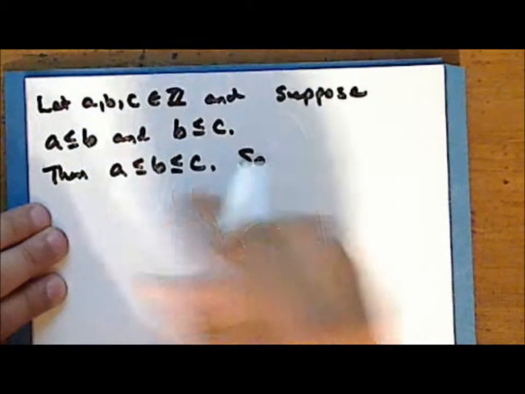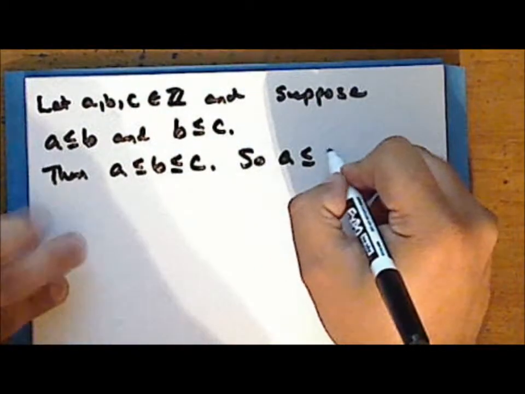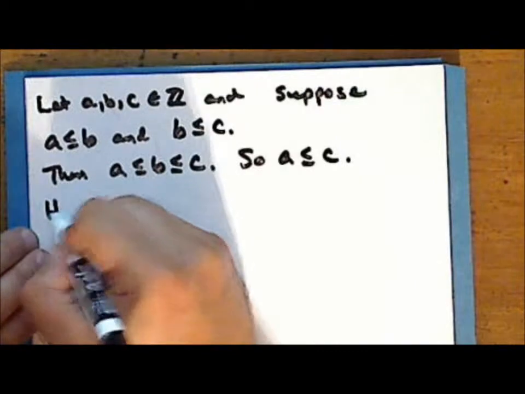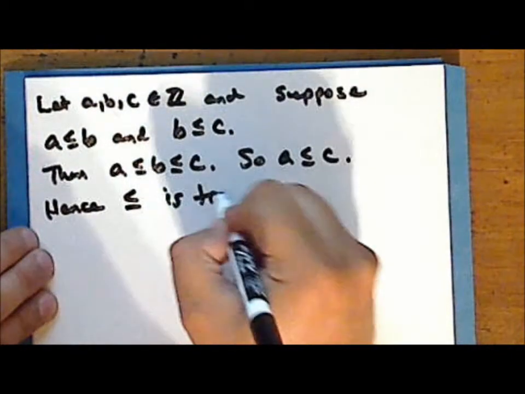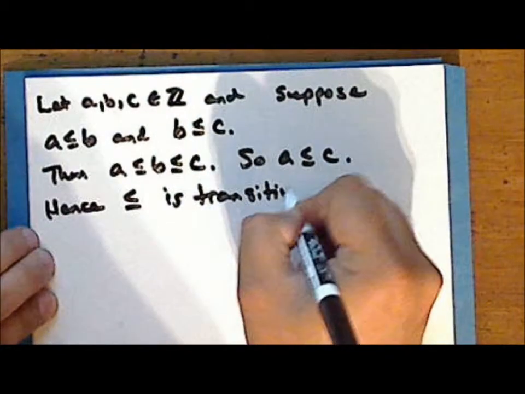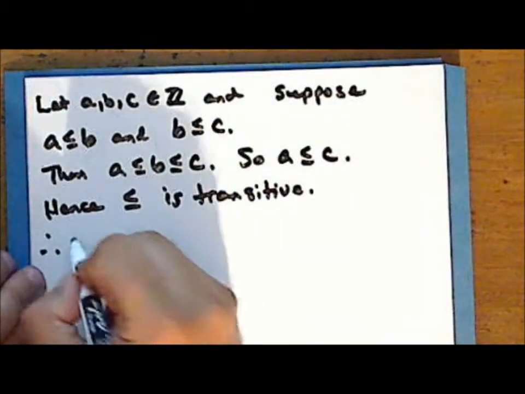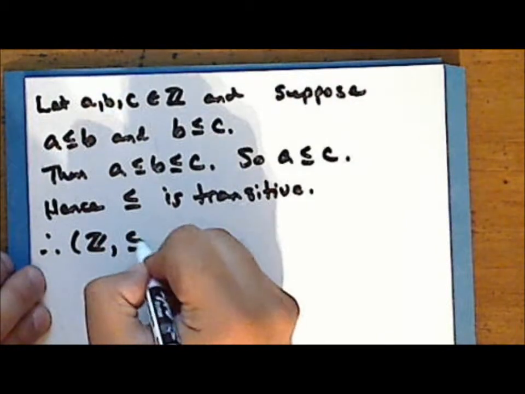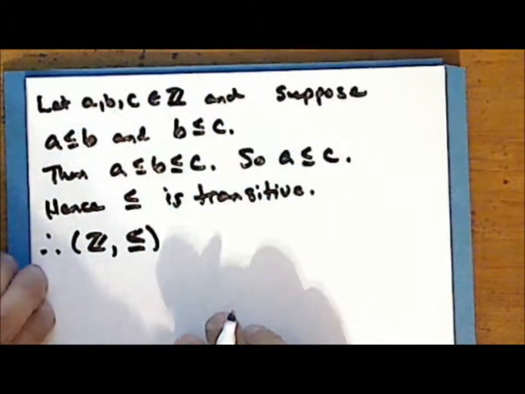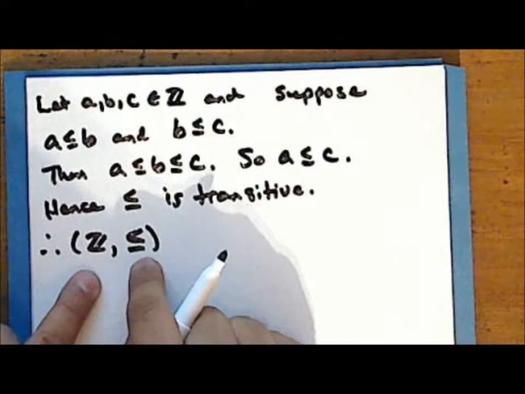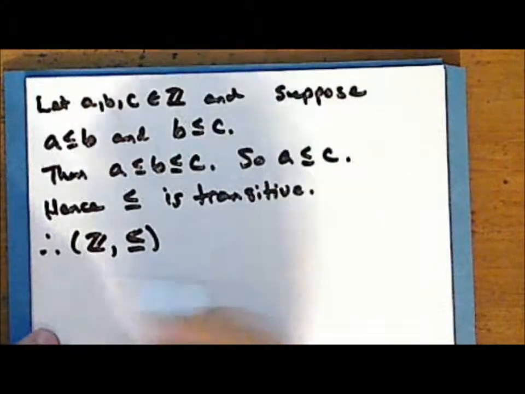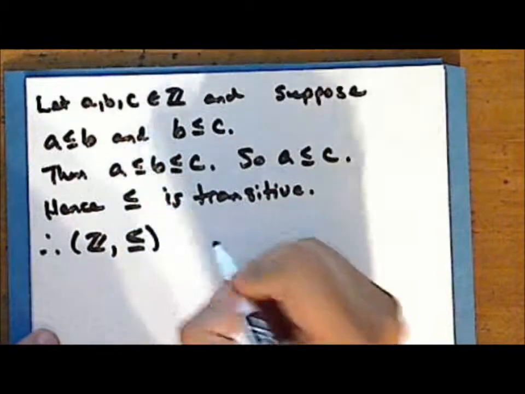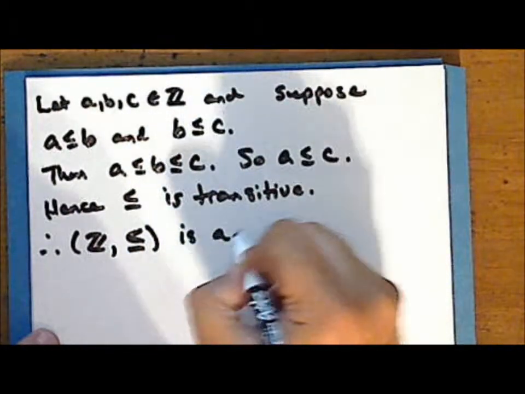And so we can read that a is indeed less than or equal to c, and hence the relation less than or equal to is transitive. And therefore, the set of integers together with the relation less than or equal to, where the relation less than or equal to is a total ordering on the set of integers, which is reflexive, antisymmetric, and transitive, and therefore the collection of the integers together with this relation is a totally ordered set.